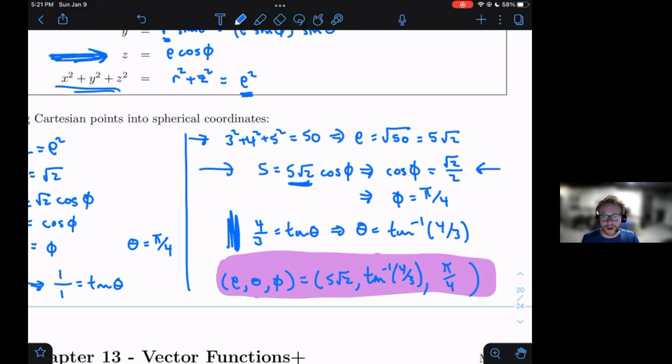Now we're lucky because our TI-30 calculators have tangent inverses on them, and so you can do tangent inverse of 4/3 in your calculator and get some decimal answer. However, if you're entering this into WebWork or something like that, you should leave it exact. And remember, we accept the decimal answers in D2L just because it doesn't understand the exact answers. But typically mathematicians really want exact answers whenever possible.